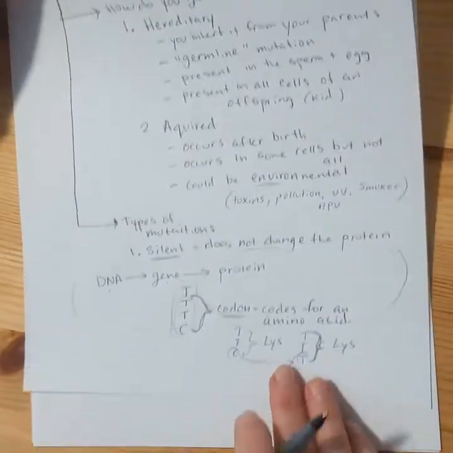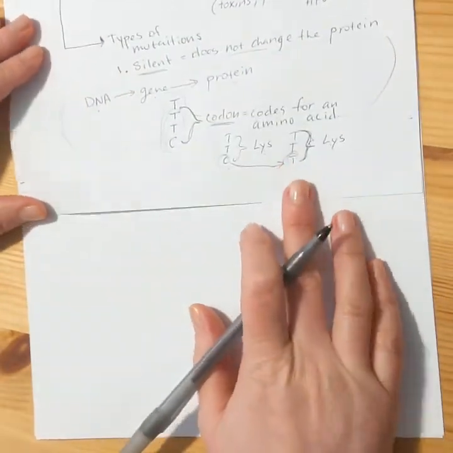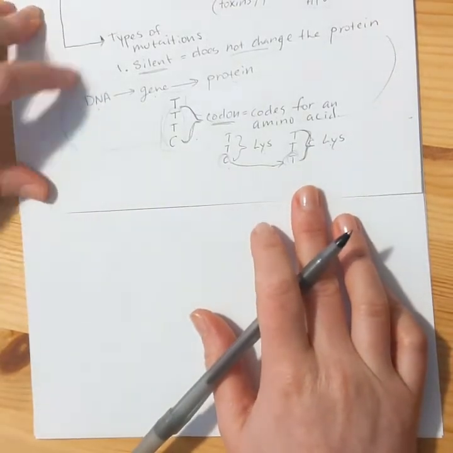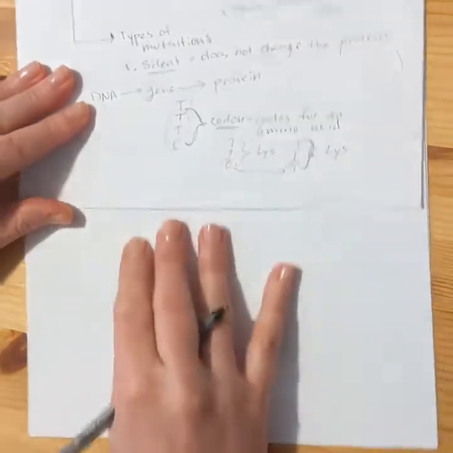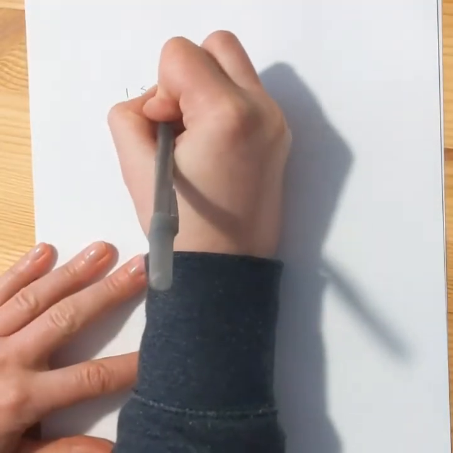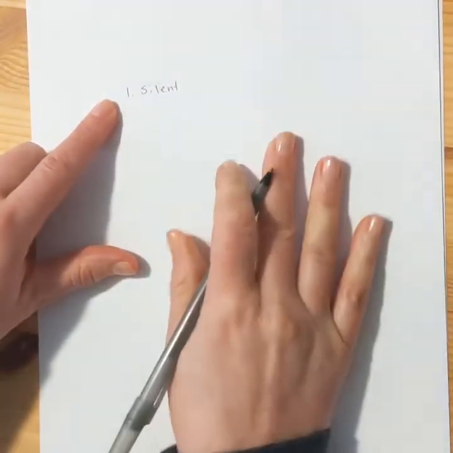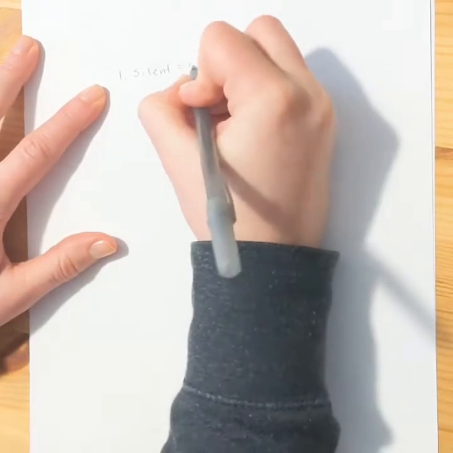I'm going to set this up. We're still working on types of mutations. We have one silent. We know a silent mutation does not change your amino acid.